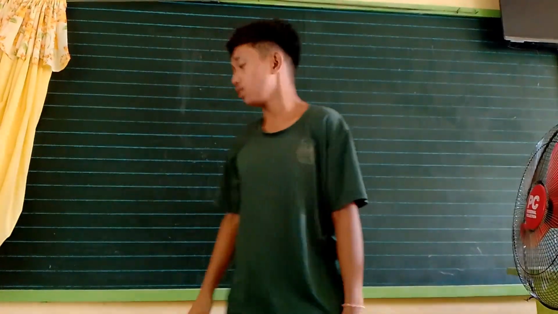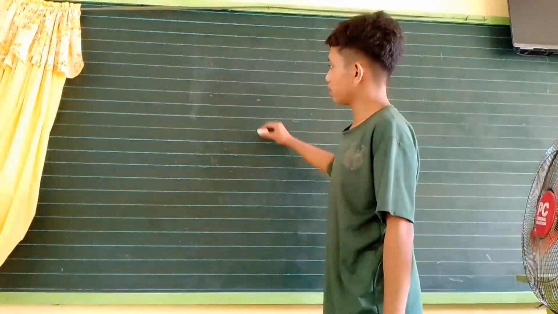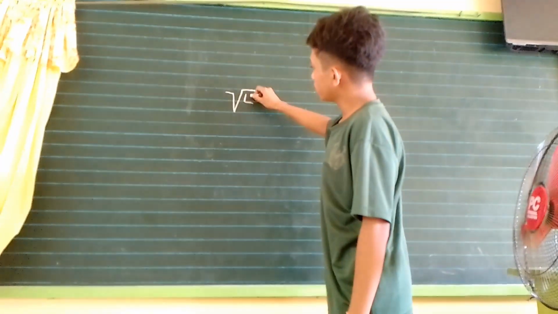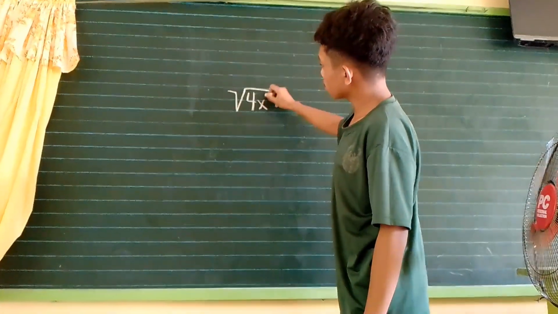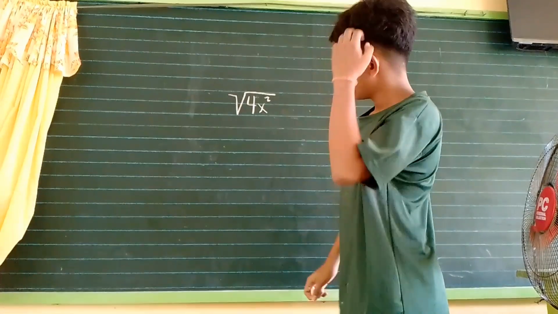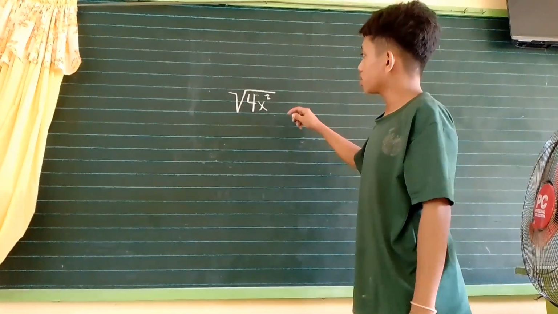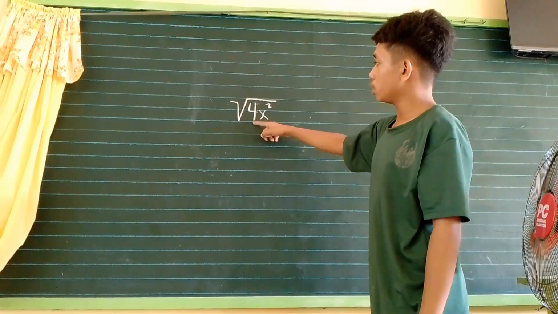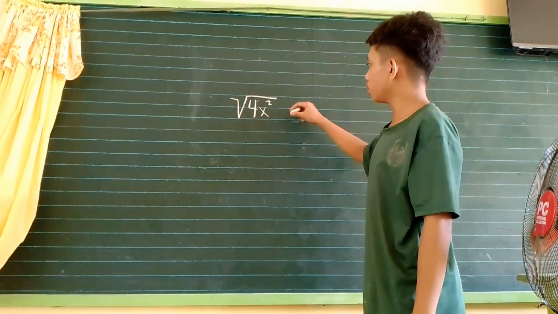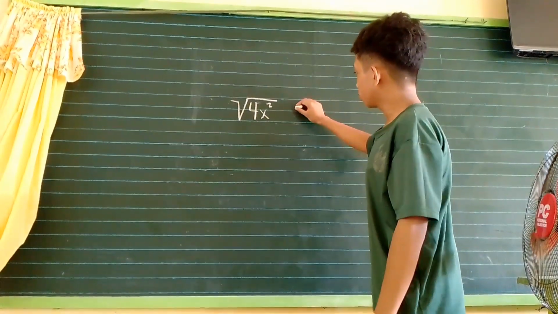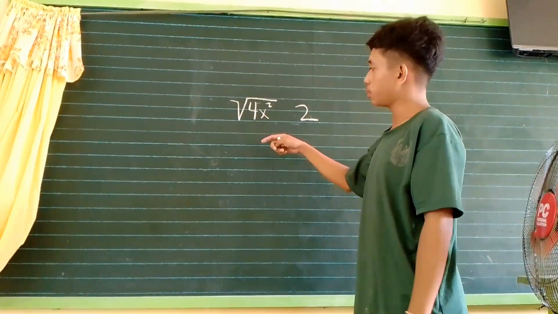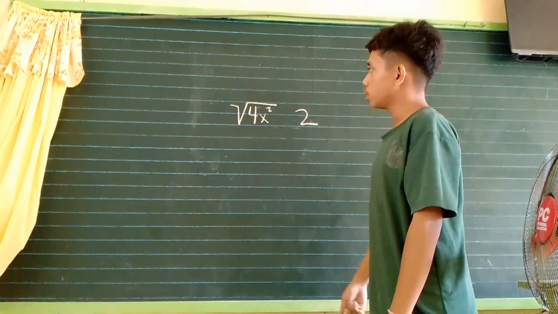Now let's move on to the third given. The third given is the square root of 4x squared. To answer this, since 4 is a perfect square, we'll get its square root, which is 2. Now, how can you get the square root of x squared?